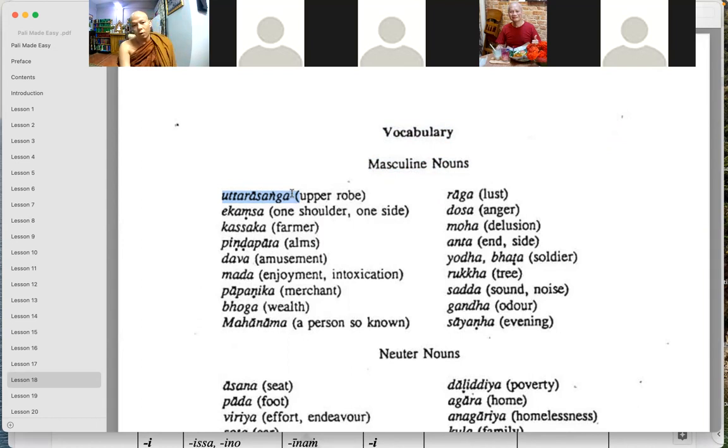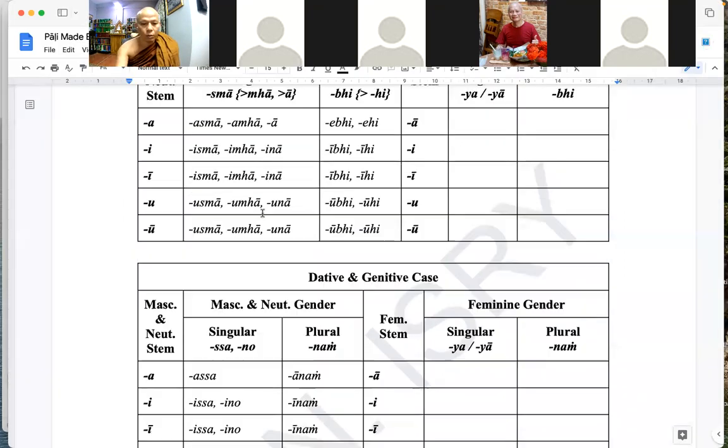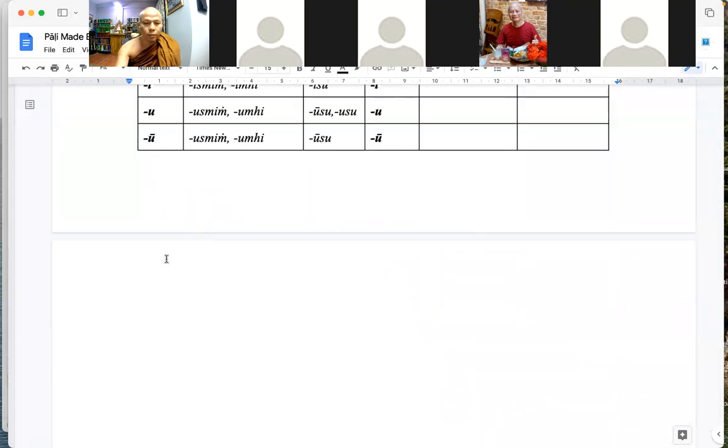So Uttarasanga, exactly the same as Buddha in declension. And another one also, Ekamsa, one shoulder or one side. So that Ekamsa also actually, Eka and the arms joining together.